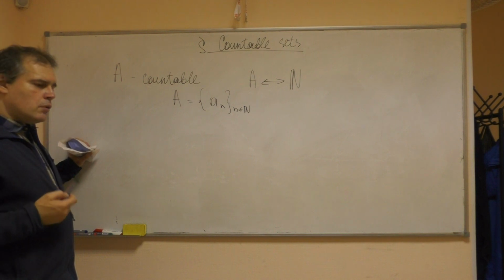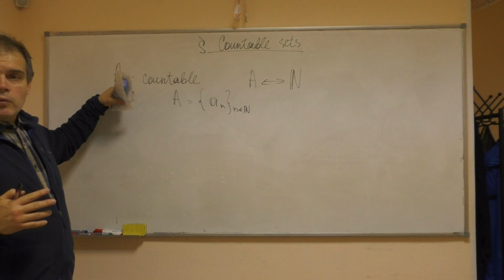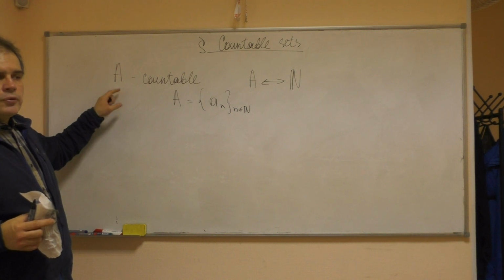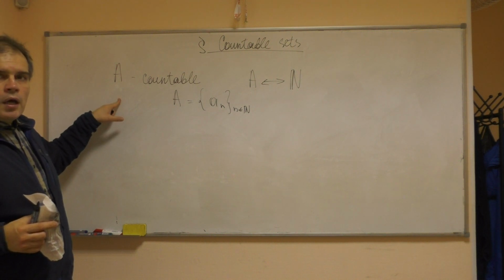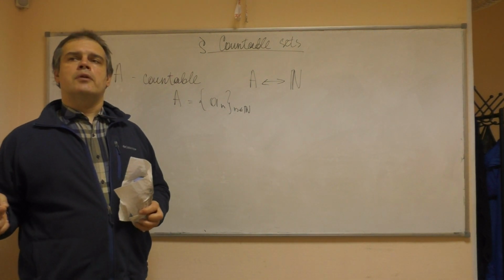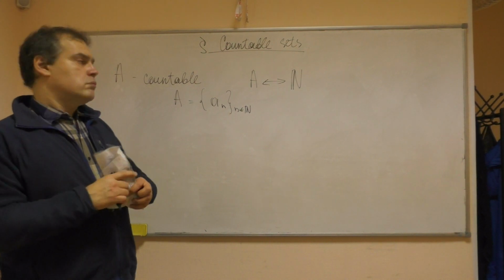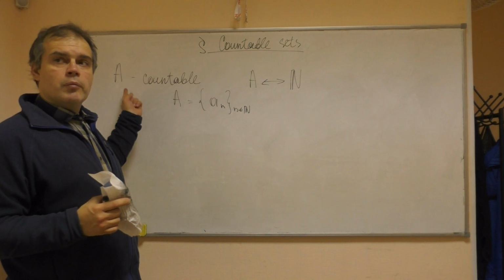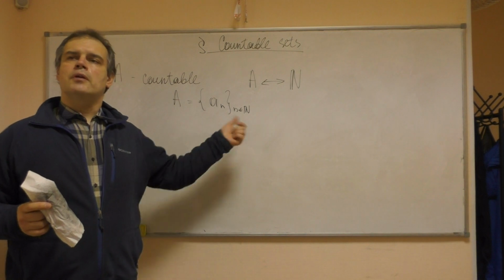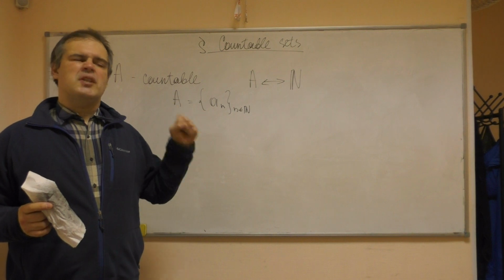A is countable if we can develop a computer code, an algorithm, that takes as input an element of A, and in output it gives a number of this element, and our algorithm works for each element in a finite number of steps. So it cannot work infinitely, and each element needs to obtain some particular number.